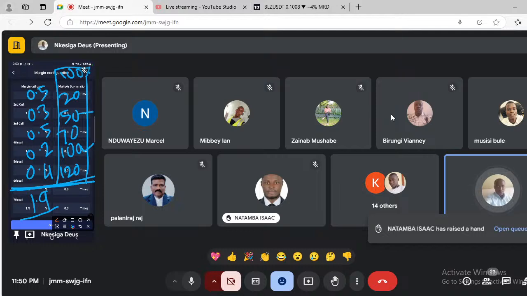Plus this one, 390. Plus this one, 460. Now imagine you are investing 360 after a drop of 1.9%. You are investing all this money. What is the reason behind?